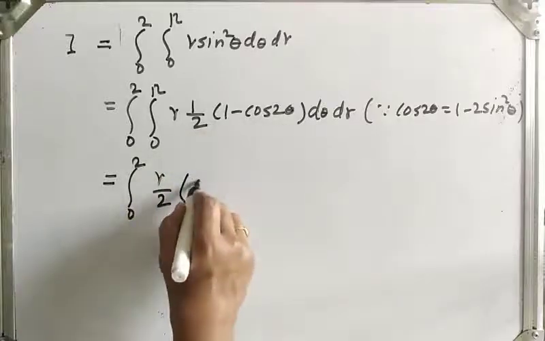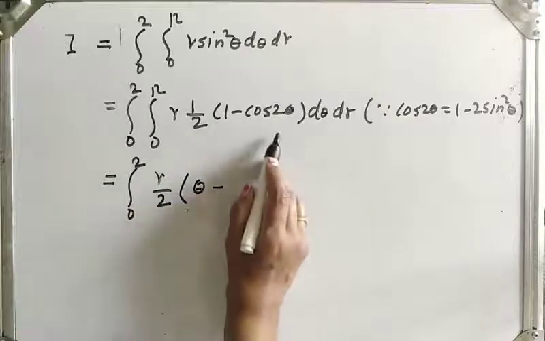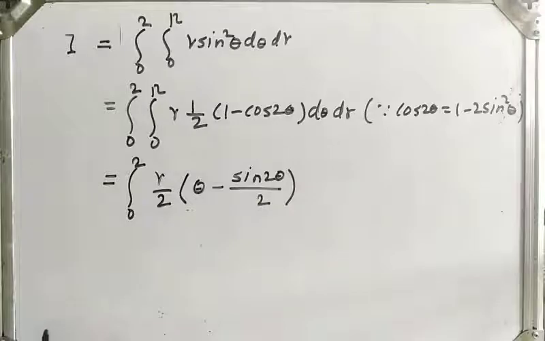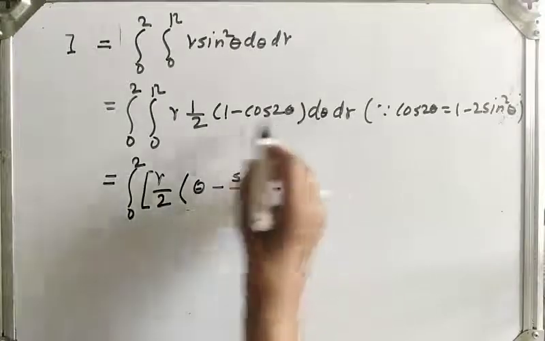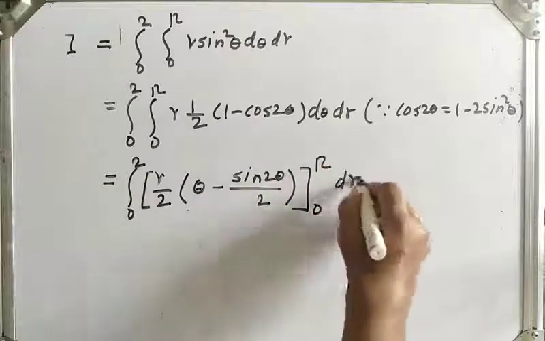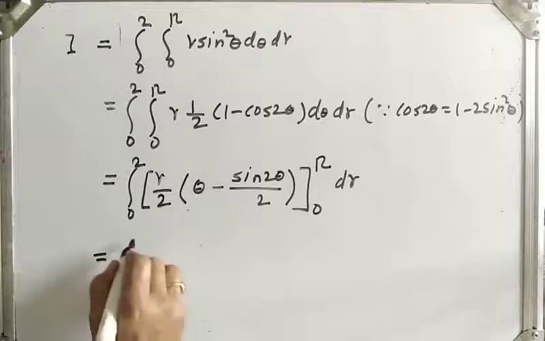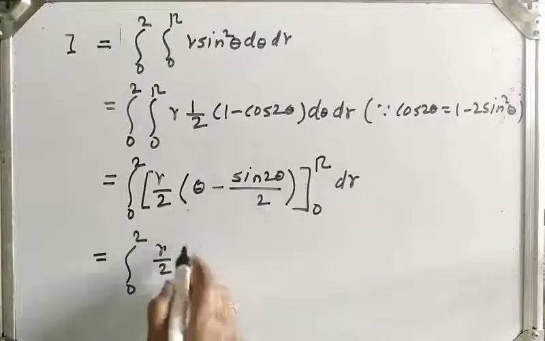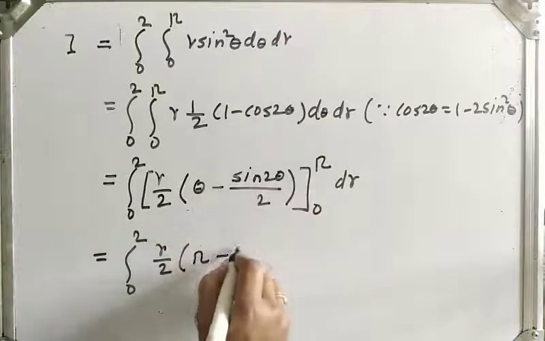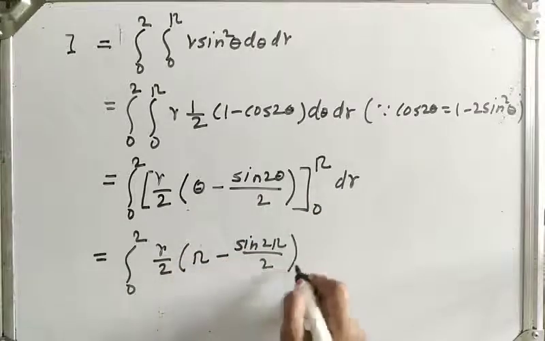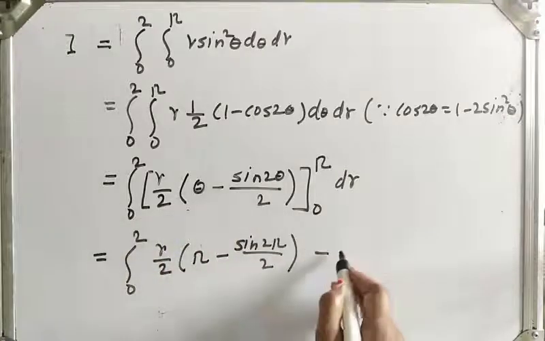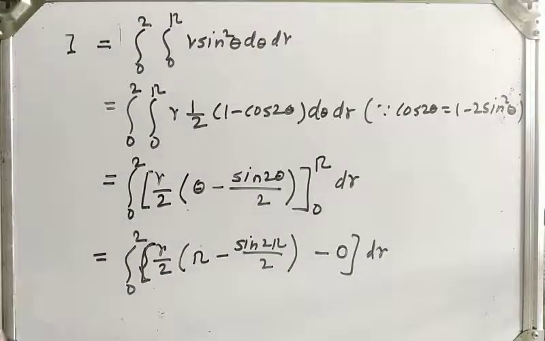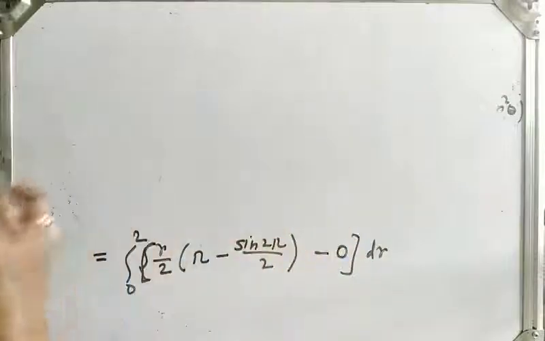Integration of 1 d theta will be theta, and minus integration of cos 2 theta will be sin 2 theta upon 2, with limits 0 to pi, into dr. Now apply limits: upper limit pi, so pi minus sin 2 pi upon 2, minus, while putting theta is 0 we get 0 again. What is sin 2 pi? Sin 2 pi will be 0.